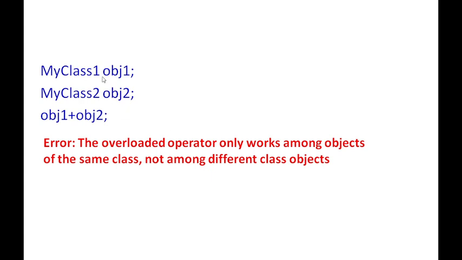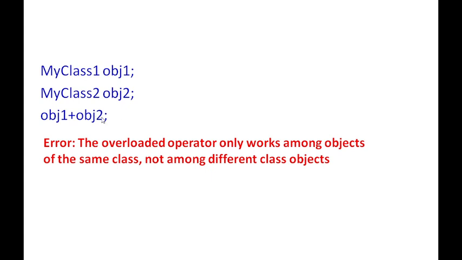But in this particular example, the problem is that I have defined two different classes and am creating objects for the two classes. My class is one class for which I am creating object 1, whereas my class 2 is a different class for which I am creating another object. So when I try to use the plus operator between the objects of two different classes, it does not work.